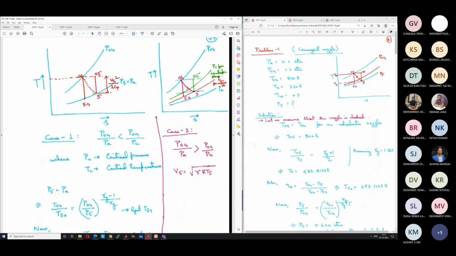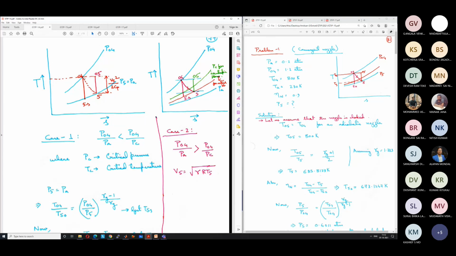If you use the first law of thermodynamics, you will note that for a nozzle there is no work input or work output, and there is no heat input or heat output. So ultimately, H04 is equal to H05, where 4 is the inlet condition and 5 is the outlet condition. So the total enthalpy at the inlet is equal to total enthalpy at the outlet. What, however, changes is that the static enthalpy decreases in the nozzle, and this results in increasing kinetic energy.